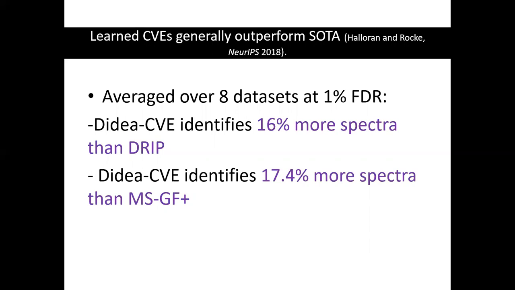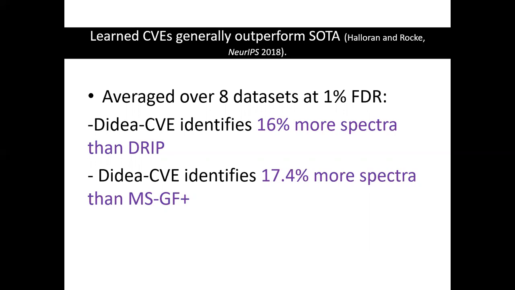So DIDEA trained using CVEs identified 16% more spectra than DRIP, or other DBM, and it identified 17.4% more spectra than MSGF+. So this was an extremely accurate and efficient scoring algorithm. It's actually, I think, the most accurate scoring algorithm in existence to date.